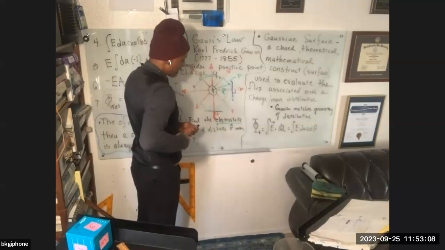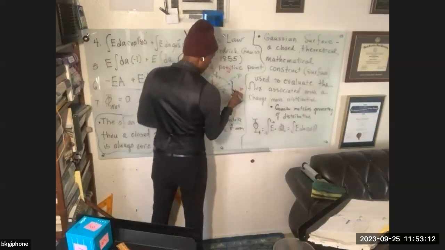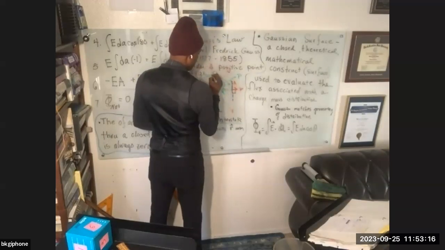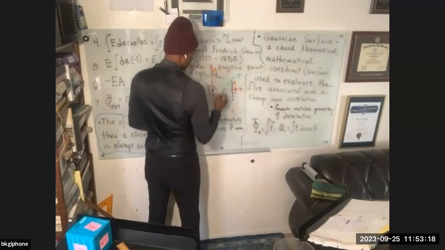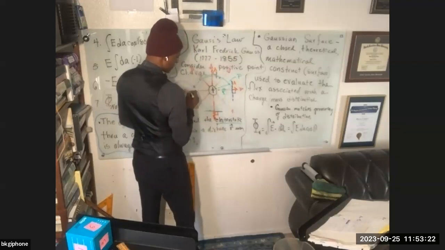But the area vector everywhere is also perpendicular to the tangent. So that's A and that's E. So everywhere, basically E and A are parallel for this symmetry. I hope you don't get that twisted.